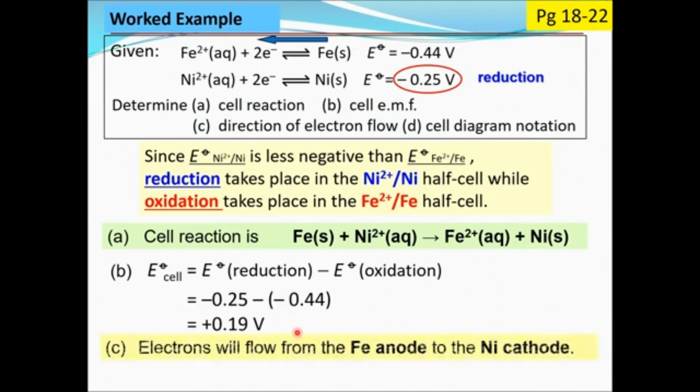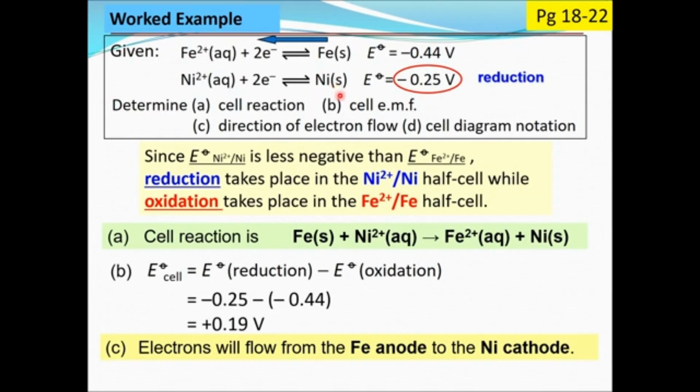Do not swap it. And electron flow is indeed from anode to cathode, so A to C, or you could remember anode, that's where oxidation occurs, right? So oxidation occurs, it means that you would produce electrons. Producing the electrons, they would flow into the nickel cathode for the electrons to be used for reduction.